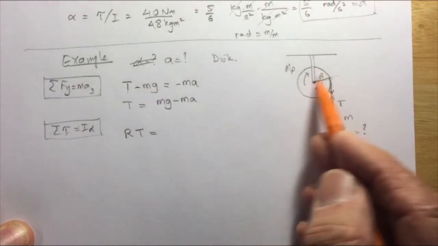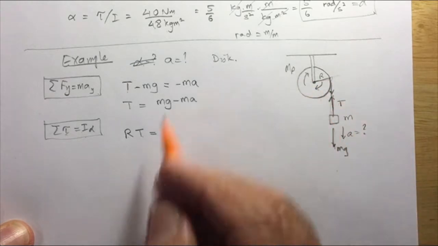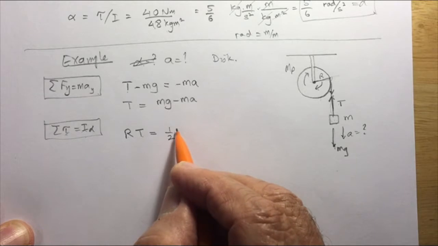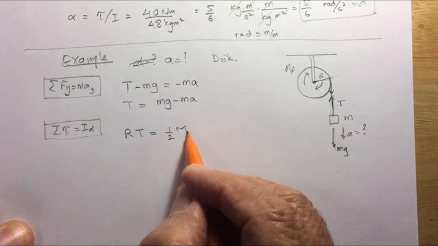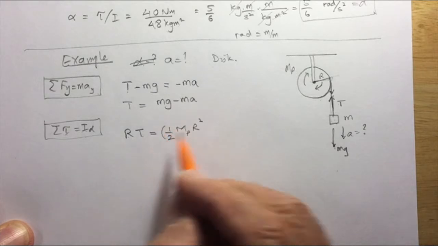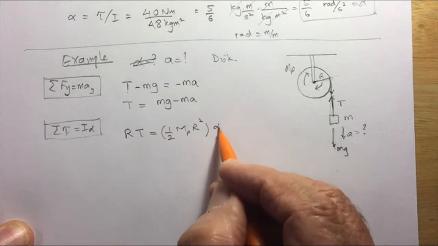So it's a uniform density, uniform thickness, in which case the moment of inertia for the disk is half the mass of the pulley times r squared. So this will be the moment of inertia times alpha.